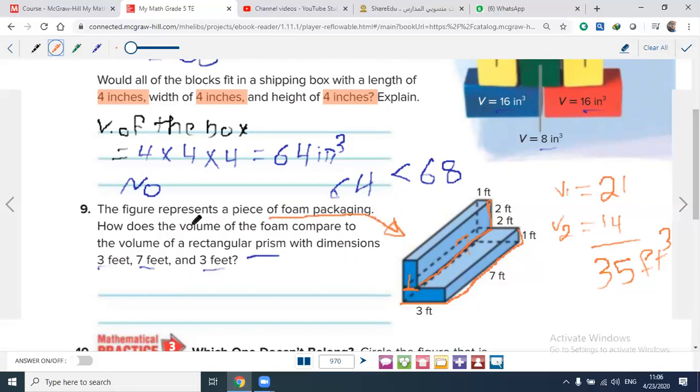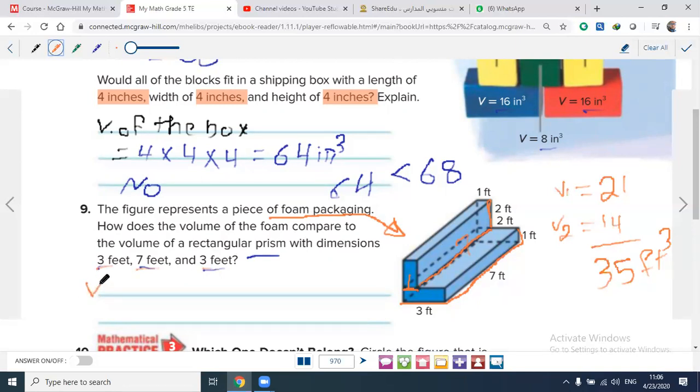How does the volume of the foam that I found already compare to the volume of a rectangular prism with dimensions 3, 7, and 3 feet? So I have to find the volume of the prism.